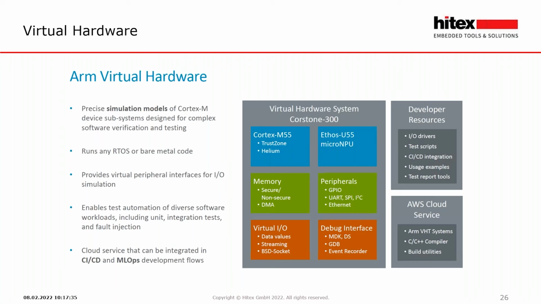And in addition, there's some virtualized hardware that allows you to develop a full application. So this includes support for a range of peripherals, but also some streaming virtual I/O for BSD socket type connections, audio, and other types of streaming data.